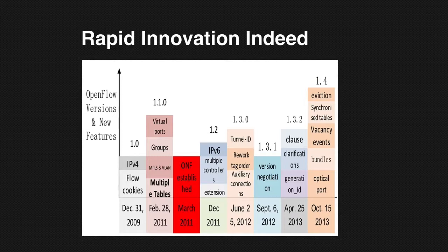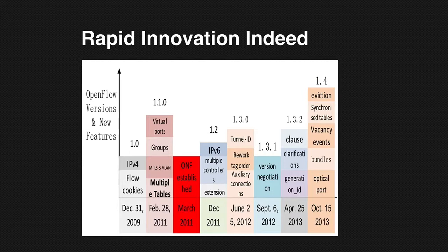But nevertheless, the multi-table feature remains highly sought after, and hopefully someone will invent a way to implement it in hardware. In 1.2 we got an optional IPv6 support, as well as a way to define multiple controllers for any given switch, so that one of them becomes a backup controller in case of a primary device failure.